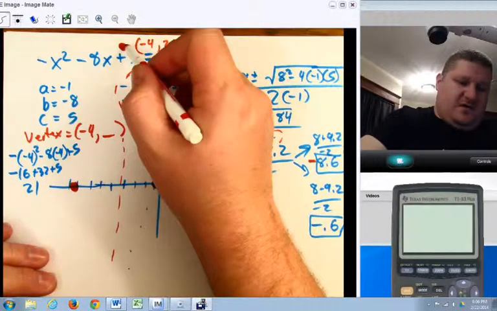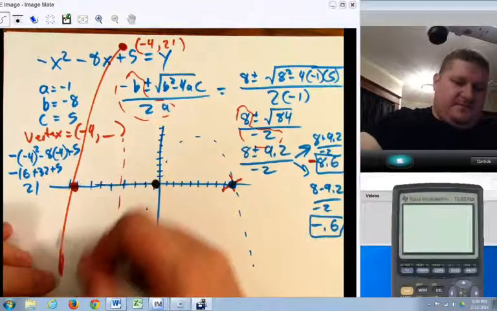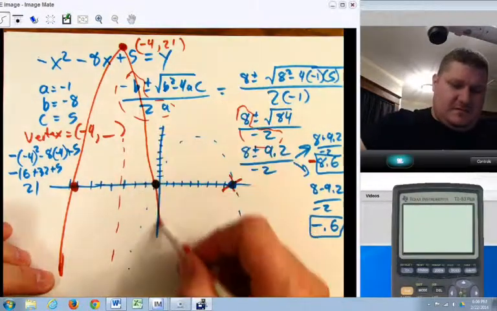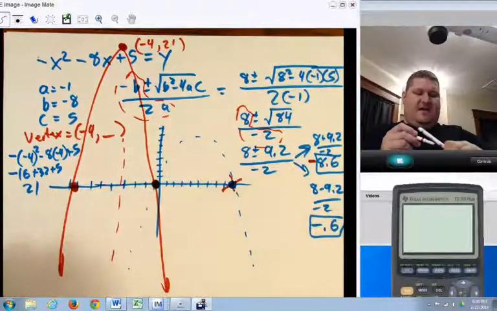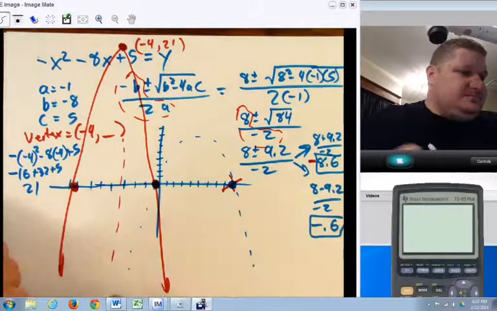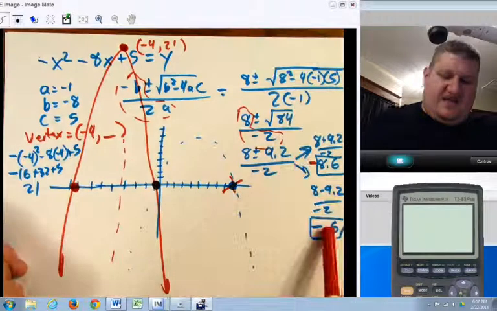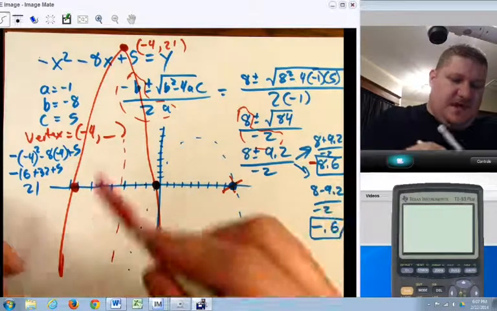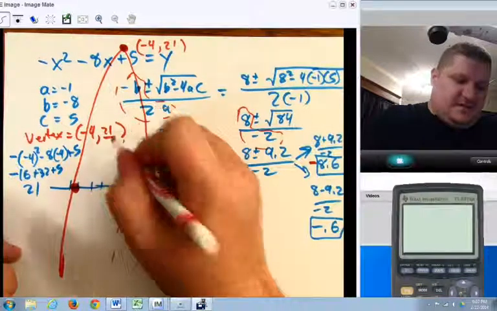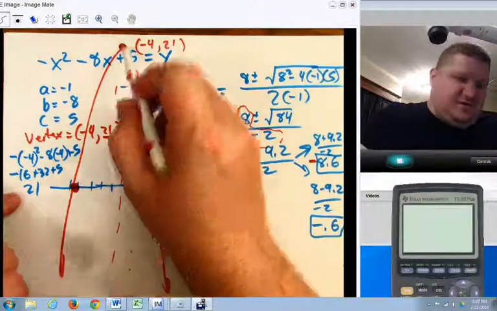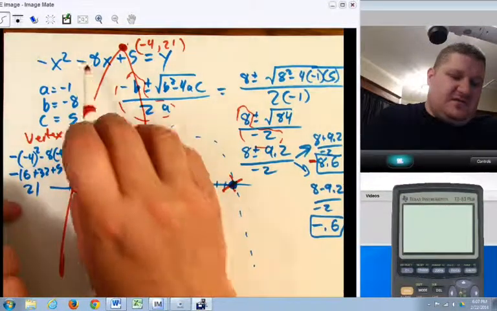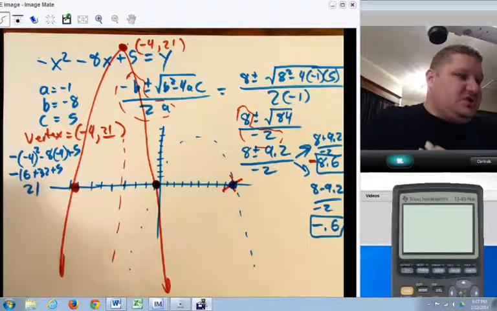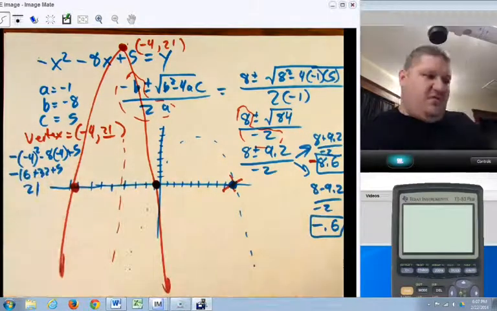So our parabola looks very much like that. Now, the graph and the equations look all good, and we again come up with something that the vertex does make sense. It's a little high, but those are some pretty big numbers. So that's how we graph quadratics from a full quadratic equation.